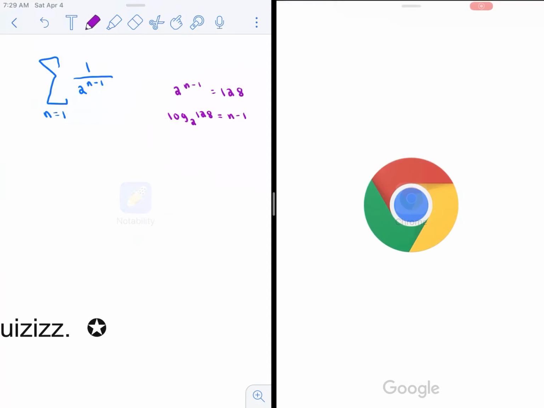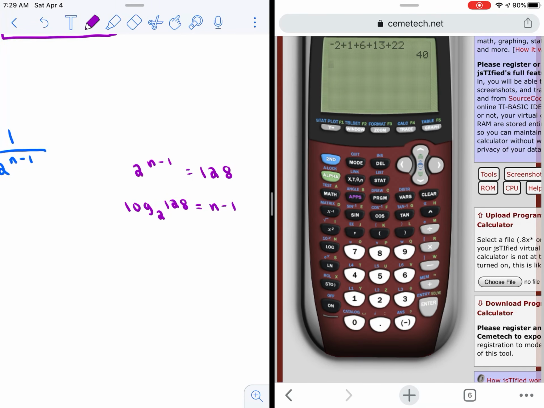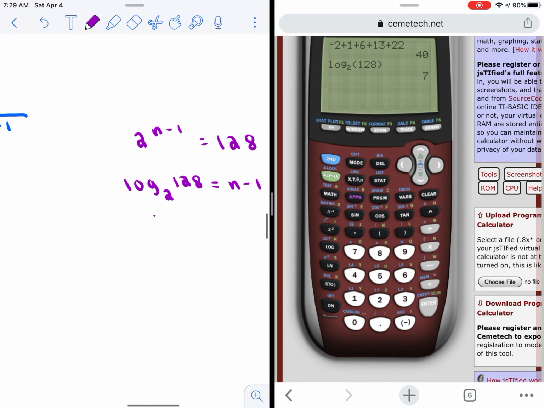If I solve this, and again, you can check, use the circle of life, you'll see. If I go to my math, and then I go to log base, I can type in the 2, I can type in the 128. Now I get a 7, but note that I still have n minus 1.